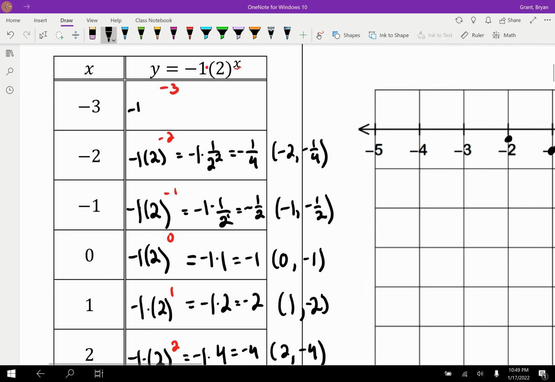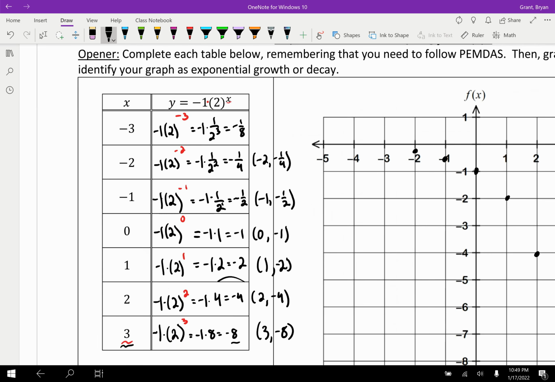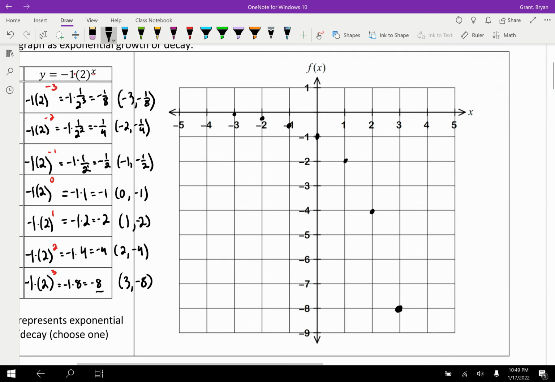Last one. -1 times 2 to the -3rd is -1 times 1/2 cubed. And I think that will give us -1/8, right? Remember, we know these values by looking at the positive versions and then giving us the reciprocal of those. So -3, -1/8. 1/8 isn't even to the 1/4 part, so I'm just going to have it sit on or just below the x-axis.